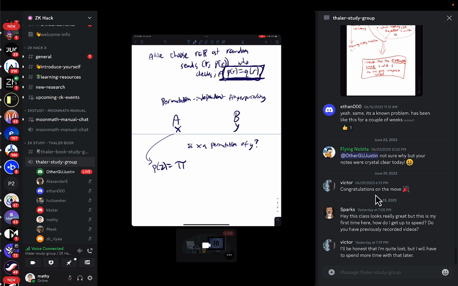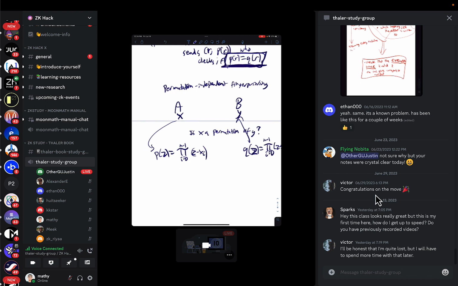That is, p is the product from i equals 0 to n minus 1 of z minus xi. And similarly, Bob interprets his input y as a polynomial q, which is the product of z minus yi. Okay, and now everything else is the same.